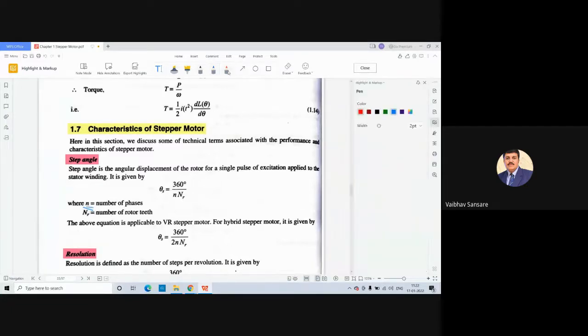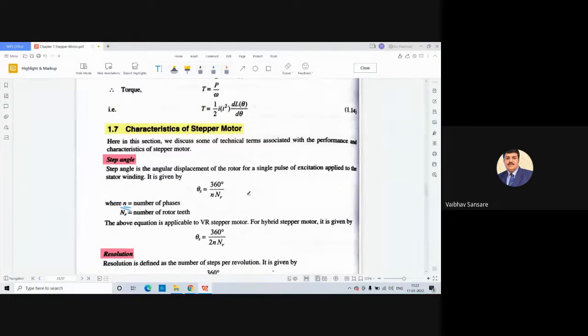Now this formula is applicable only for variable reluctance stepper motor and permanent magnet stepper motor.